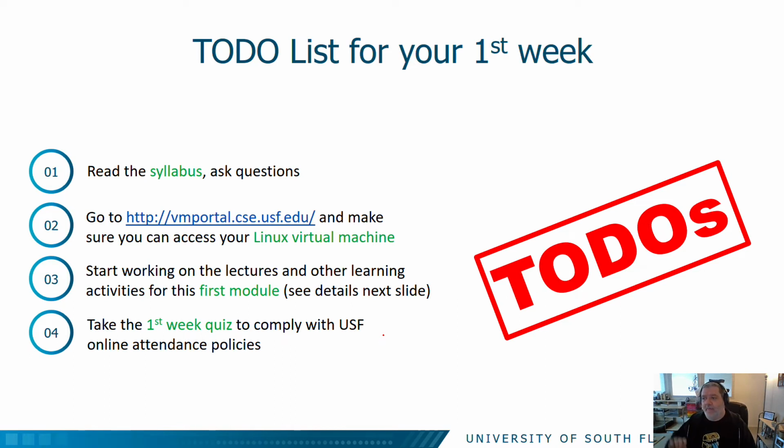The parts about the syllabus, this introduction video, and getting used to the Linux virtual machine are just for the first week module. But as soon as you start digging into item number 3 on this list, you are going to see that the structure with which we work is going to be the same one repeated over and over in every module. I think it's really important to have a consistent structure for modules so that after the first week, you have seen the kind of learning activities we are going to work on together.